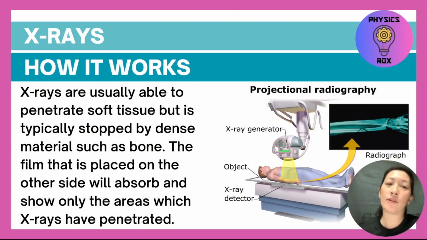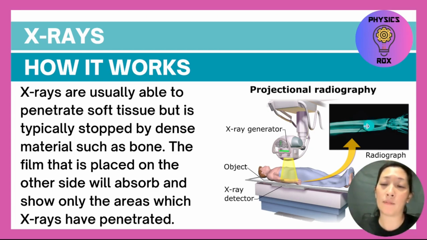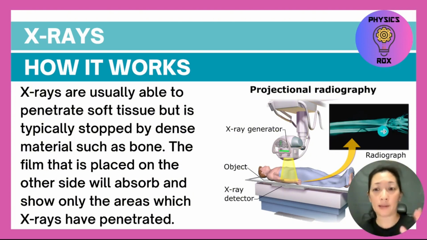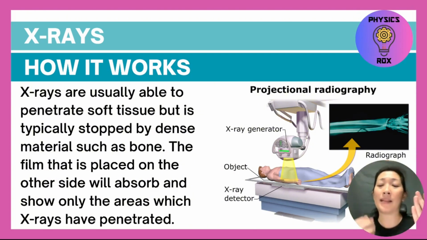This is also why when we want to take X-rays, we have to take off jewelry, because metals can also stop X-rays, in a similar way to how bones can, because they're also quite dense. So if you wear a necklace, the necklace shape is going to show up in the X-ray. If you look up some of these cases, there have been past cases where doctors looking at the X-ray thought there was something stuck inside the patient's body, and after surgery they couldn't find it.